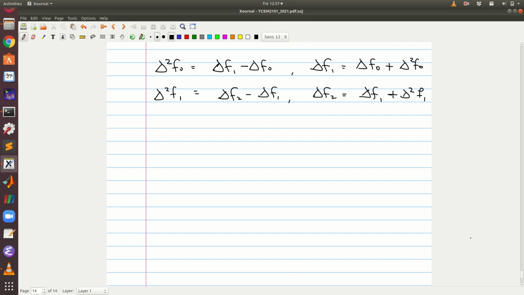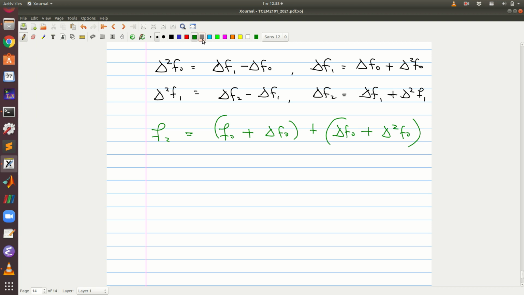Now we would like to write f2 as f0. We claim that we can write f2 as f0 plus the forward difference at f0 plus the forward difference at f0 plus the second forward difference at f0.